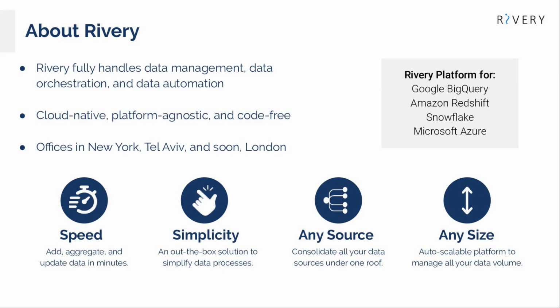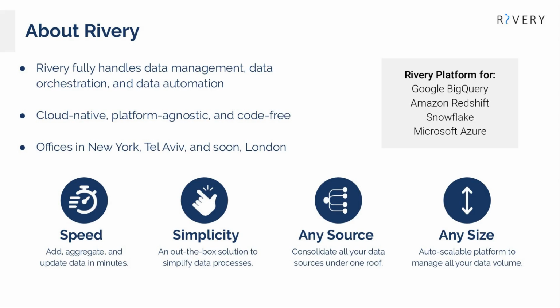In addition, Rivery offers an API on-demand program, so if there's a data source required that isn't currently available, Rivery can build it for you. The platform is also built to accommodate any size in terms of data volume. For flexibility and scalability, Rivery uses a consumption-based pricing model, so you only pay for what you use. Lastly, Rivery was made to be simple.